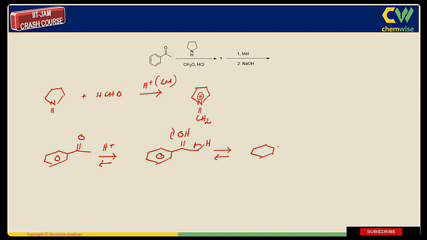Here all the steps are reversible. Why are all the steps reversible? Later, if we get time, we will discuss it in some separate session. So this is the enol, and we have this iminium ion plus.